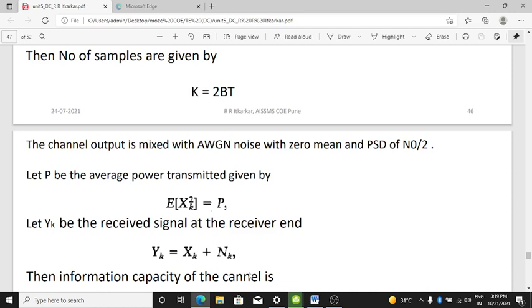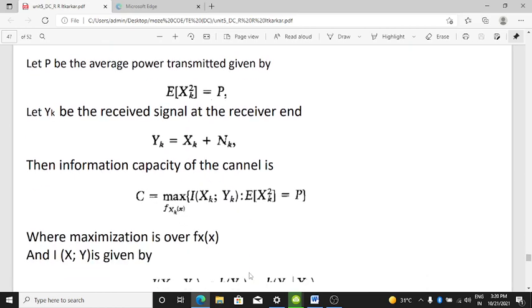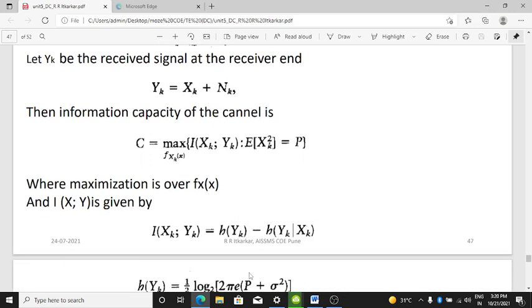Let P be the average power transmitted, given by E of X squared k equals P. Let Yk be the received signal at the receiver end. Yk is equal to Xk plus Nk, that is, at the output we get our main signal plus the noise signal.